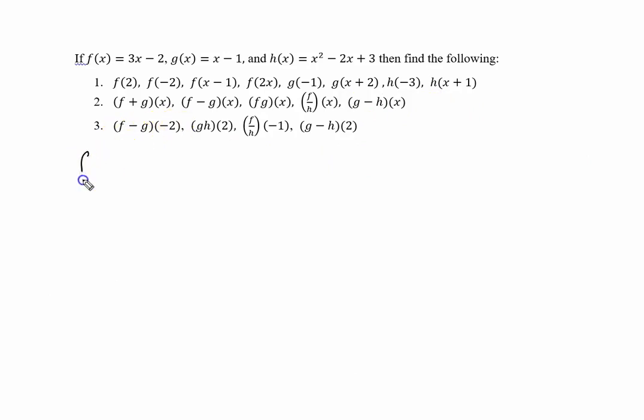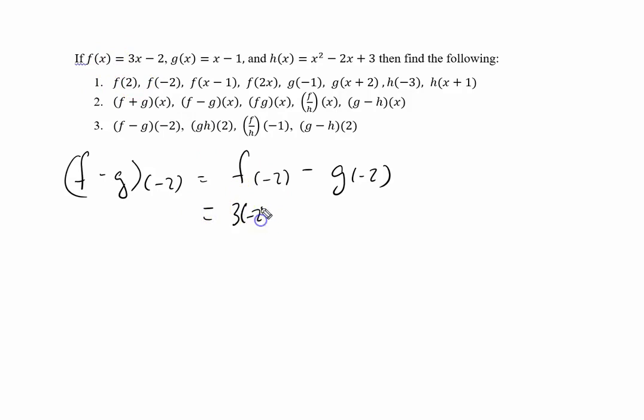And here, if I have something like this, well, it's just going to be f evaluated at negative 2 minus g evaluated at negative 2. And both of these are numbers. F evaluated at negative 2 is going to be 3 times negative 2 minus 2, which is negative 8.